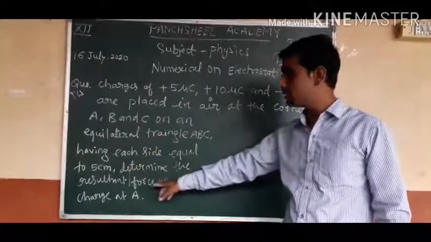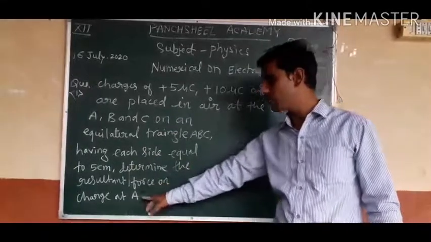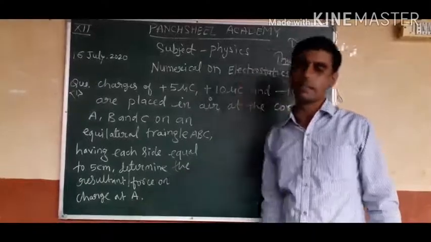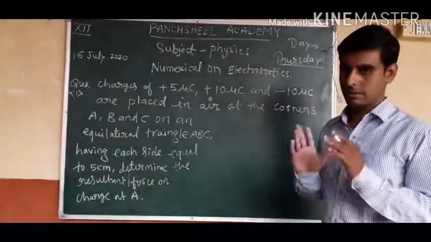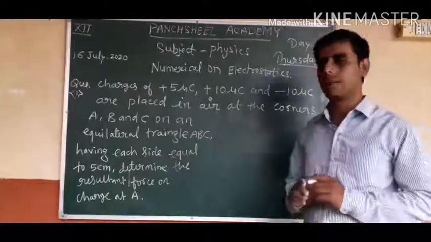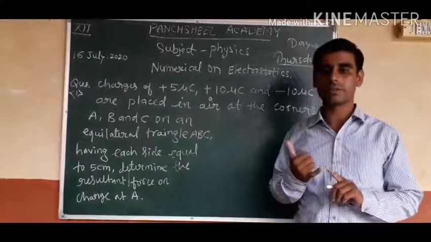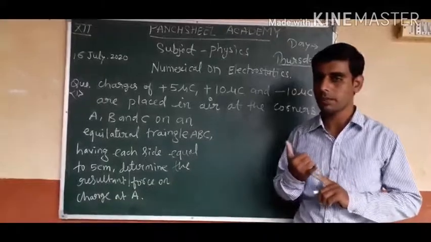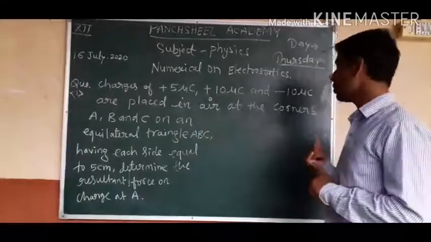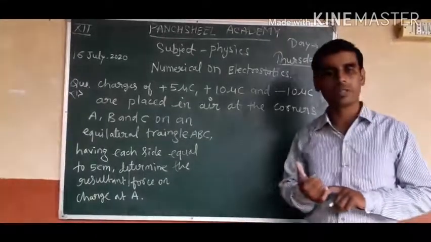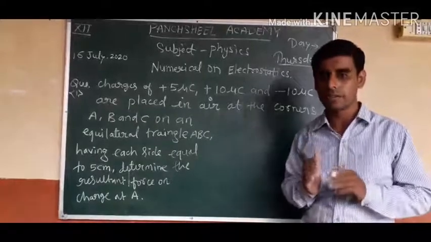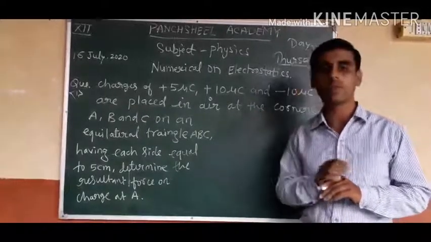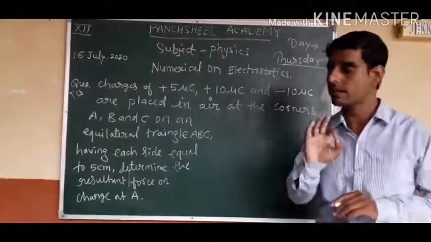Determine the resultant force on the charge at A. Understand the question. There are three charges: first is 5 microcoulomb, second 10 microcoulomb and third is minus 10 microcoulomb. These three charges are placed on the vertices of an equilateral triangle.